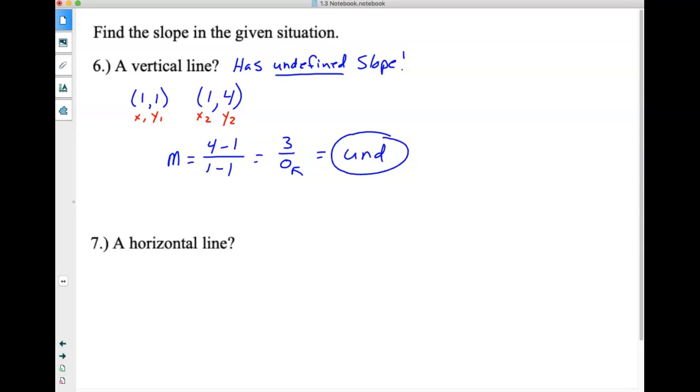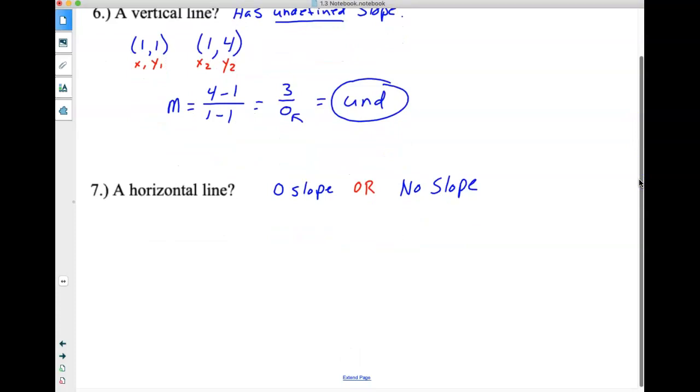Okay, horizontal line. Horizontal lines, on my printed out notes on It's Learning, it says pick points. Well, there's 2 ways. Just depends on the author of the book. You can say a horizontal line has 0 slope, or some authors say it has no slope. Okay, well, let's look at this. Let's pick a point, any point, and let's say I pick 2, 2.